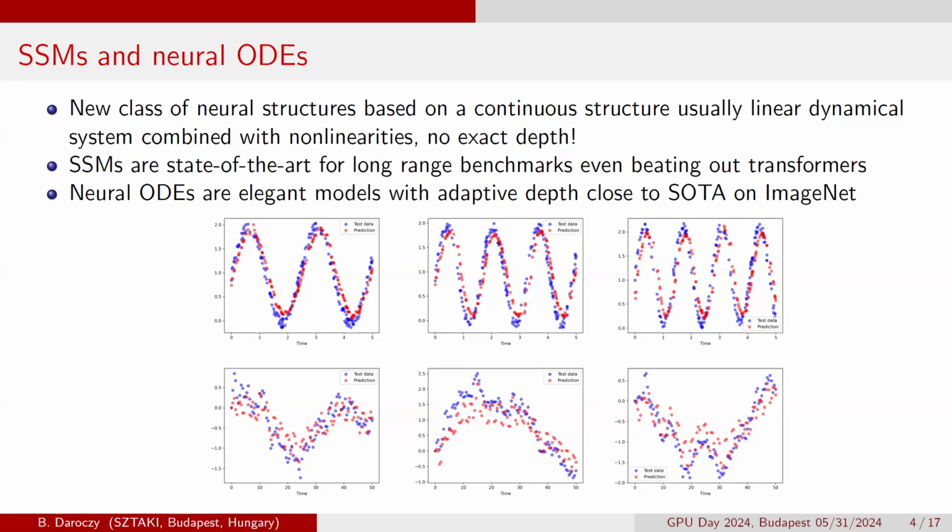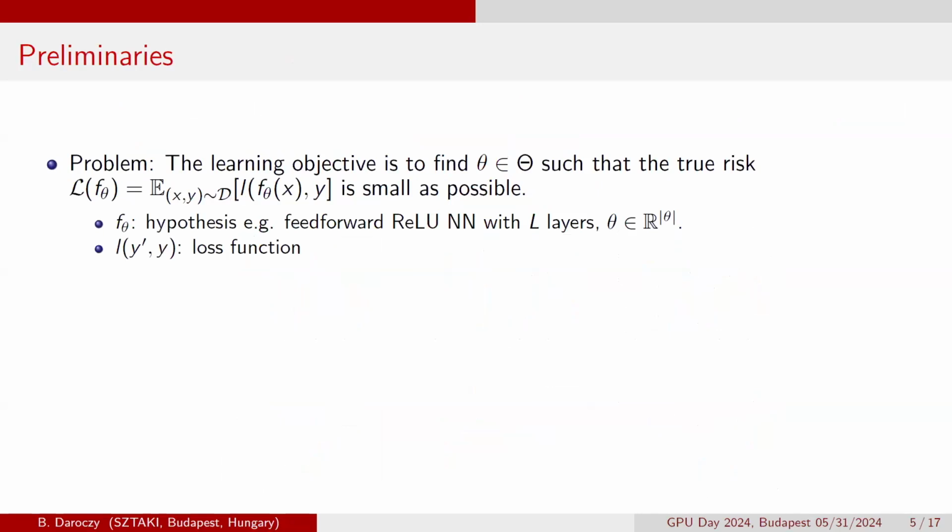I'll just show you two very simple examples. A neural ODE learns a sinus and solves the pendulum problem with a very simple structure. It's fast, it's elegant, and it's a neural network. So these are, in my opinion, a new type of neural structures.